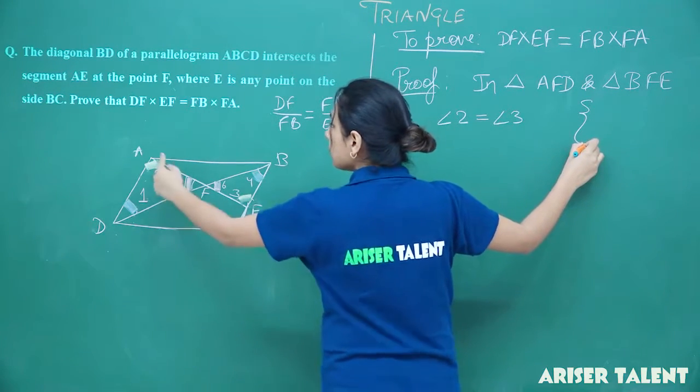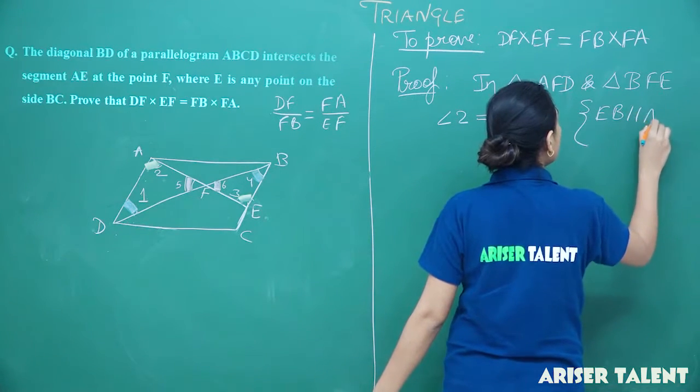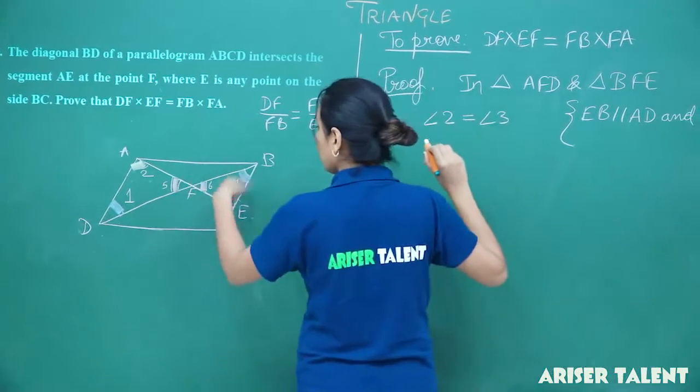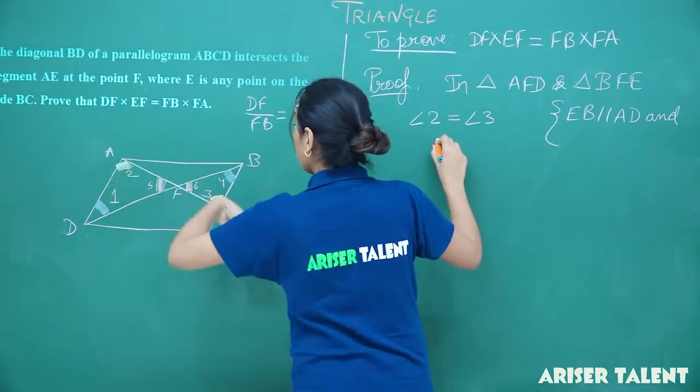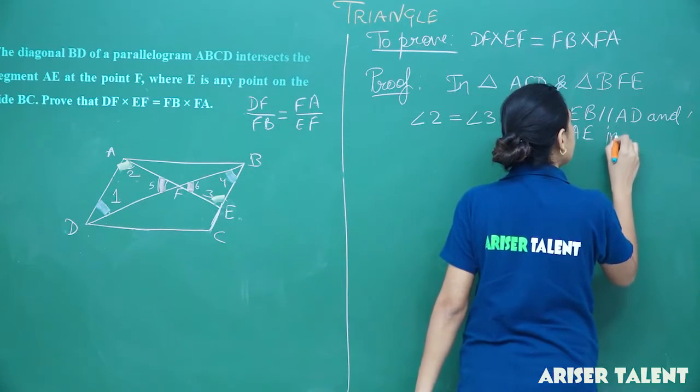Because EB is parallel to AD, and AE is intersecting them.